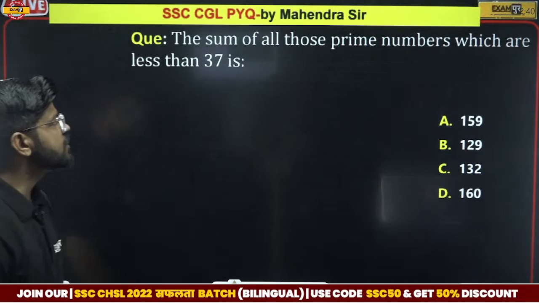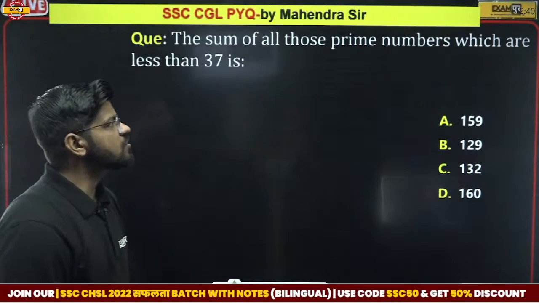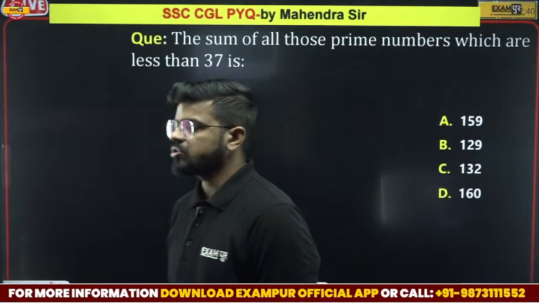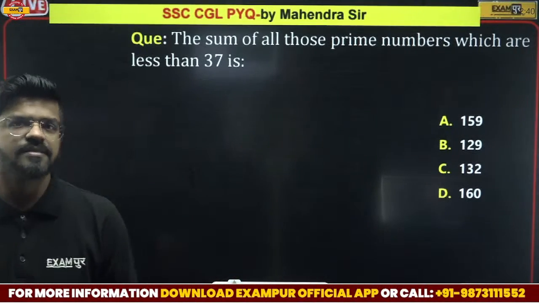Now tell me the answer for this question. The sum of all those prime numbers which are less than 37.